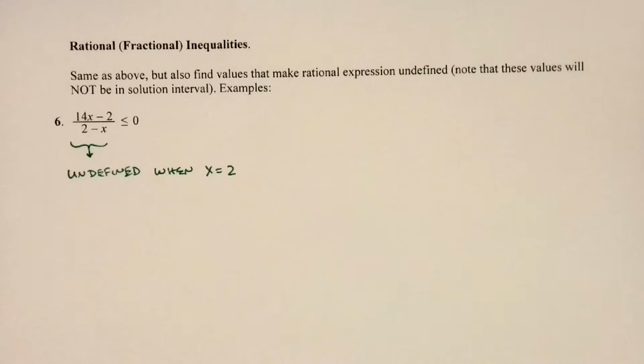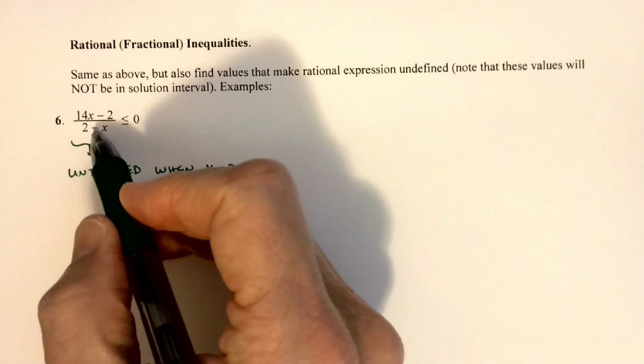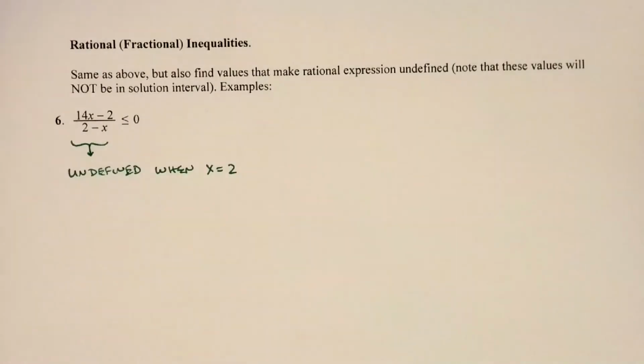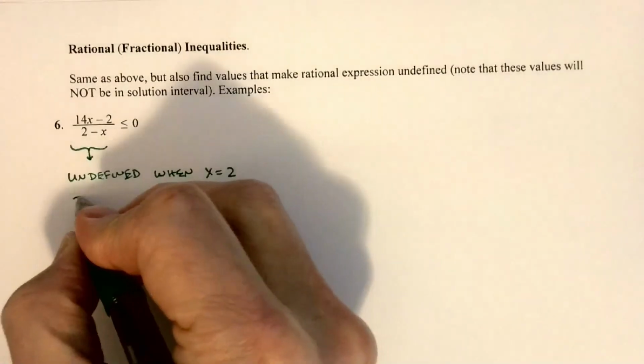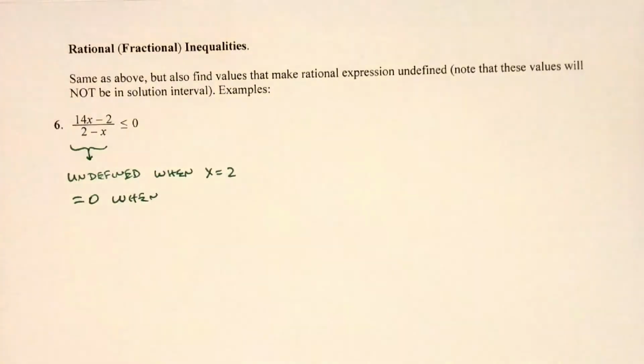Okay. And in fact, if you remember our analysis on rational expressions, if I plug in x equal 2, the bottom is 0, but the top is not 0, and that's going to give rise to a vertical asymptote. If we're looking at the graph, we're going to see a vertical asymptote. Also, this is equal to 0 when x is what? When is this equal to 0? Well, not when x is 2. Again, division by 0 does not equal 0.